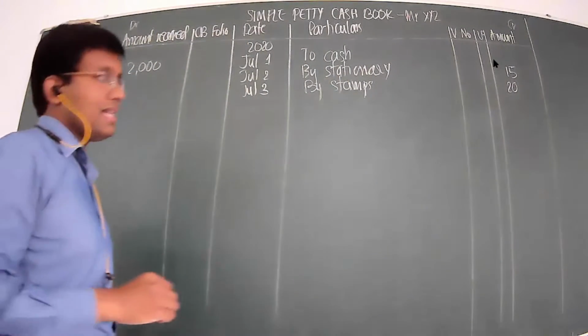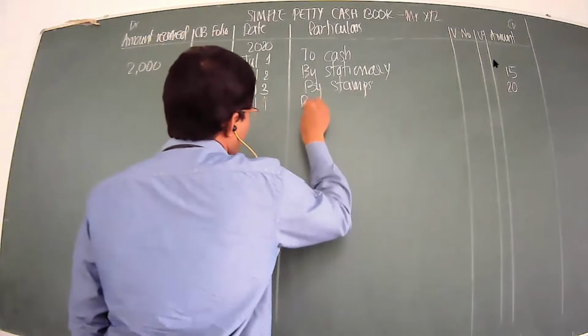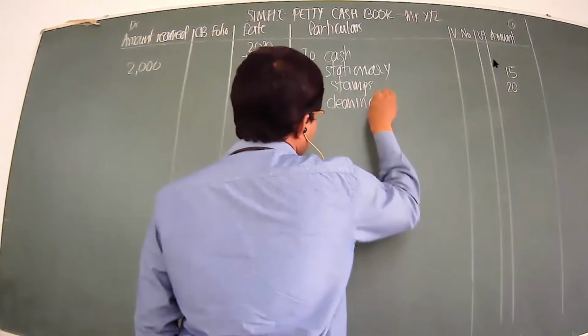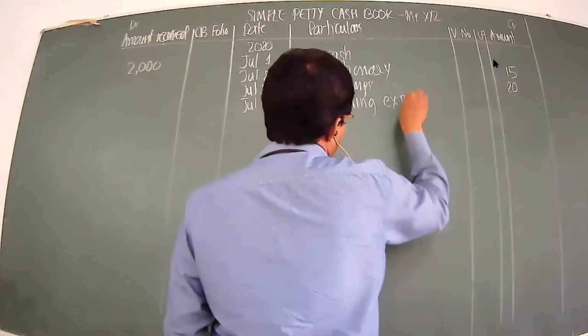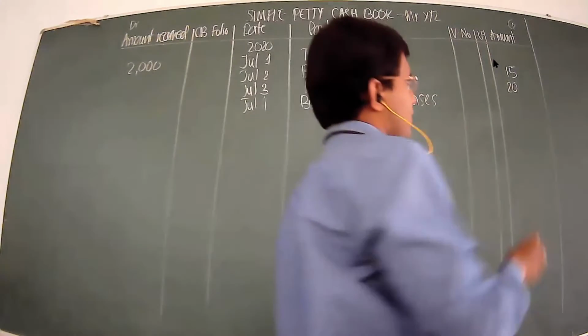Paid for cleaning expenses. July 4th, by cleaning expenses, 50.